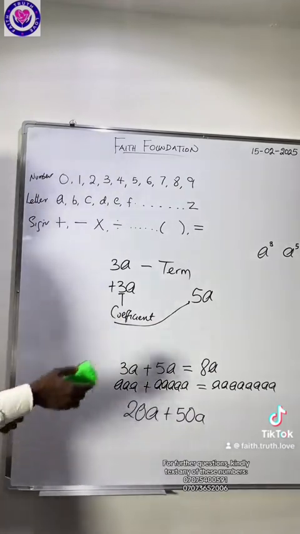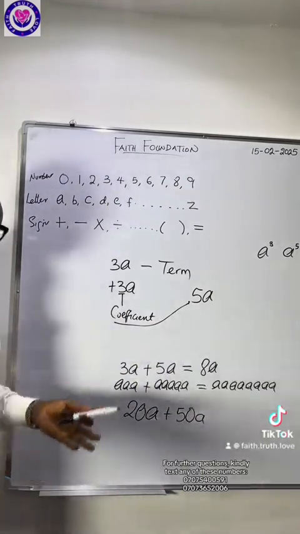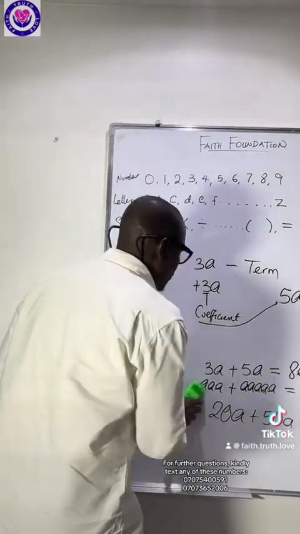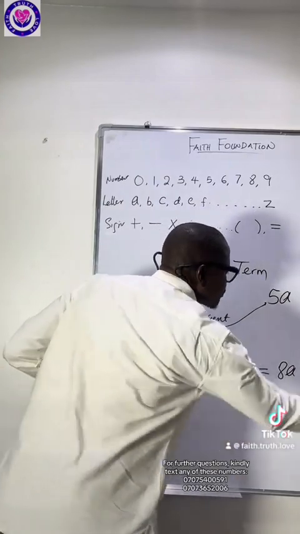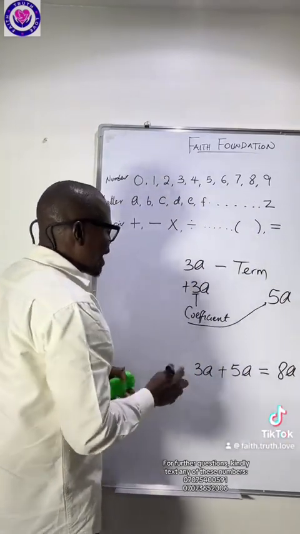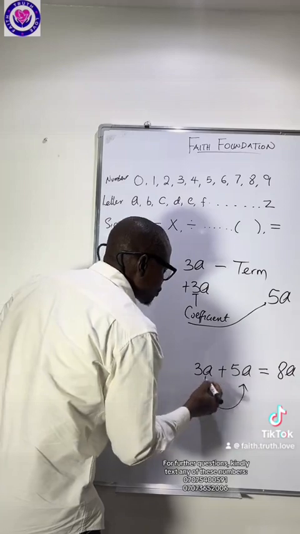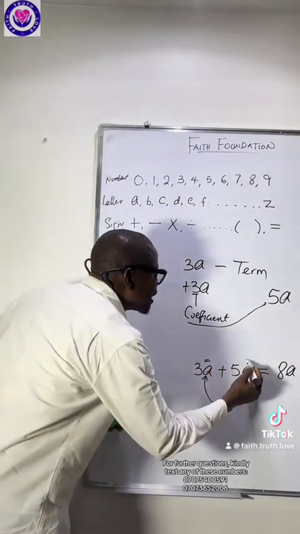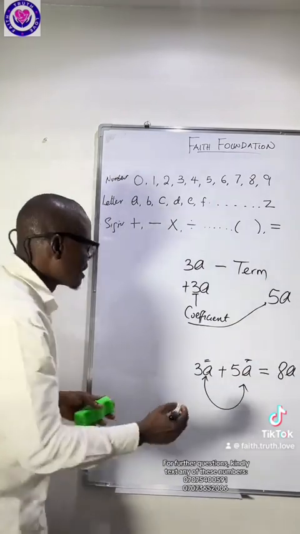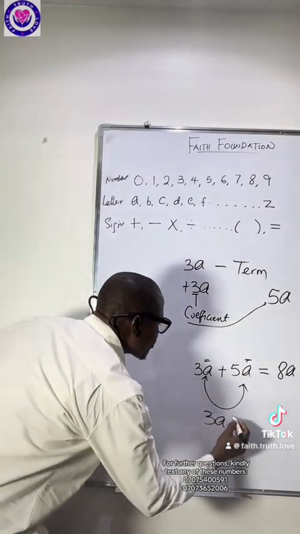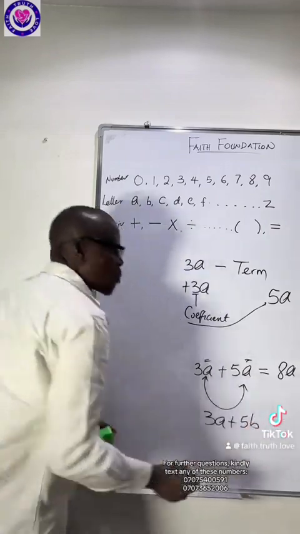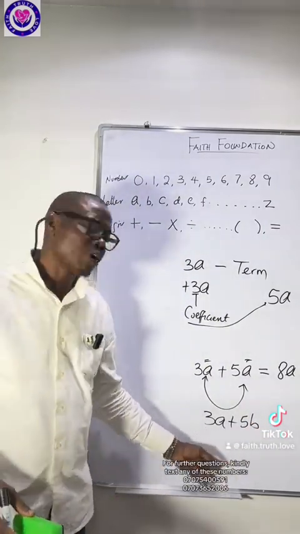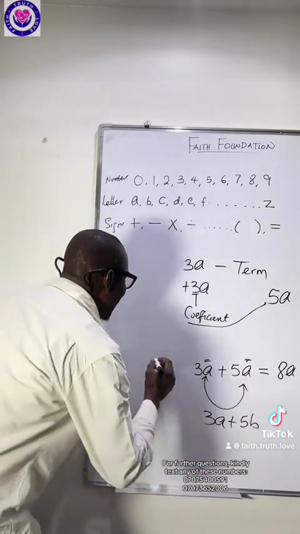Now, let's begin to talk about like terms and unlike terms. In this operation, we are able to add these two because they are like terms. Like terms mean they both have A. If it is 3A plus 5B, this cannot be added together because they are unlike terms.